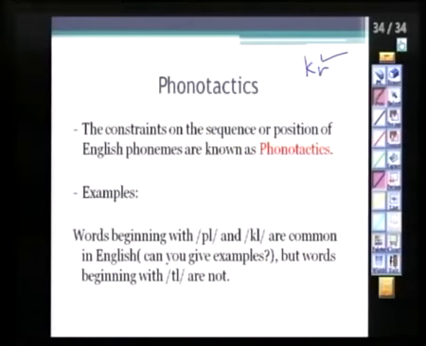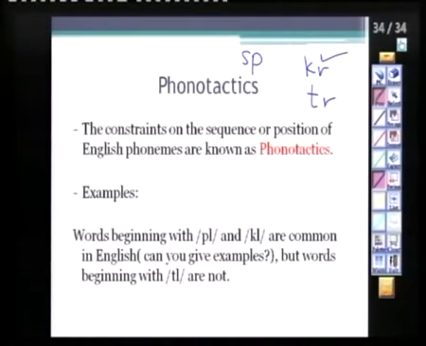The phonotactics of English allows you to have a combination of /t/ and /r/ at the beginning of English words. The phonotactics of English allows you to have the sounds /s/ and /p/ at the beginning of English words. Good?